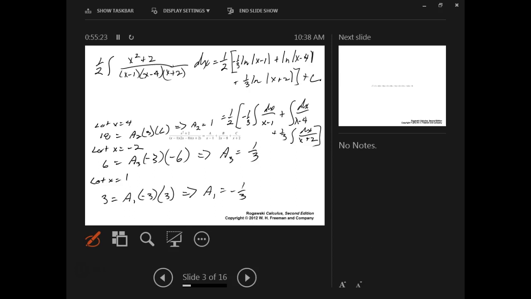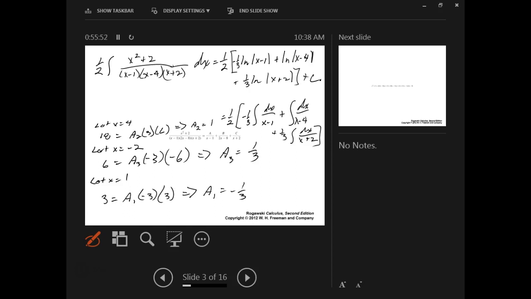If you look at their answers then, they get a minus 1/6 log of x minus 1. Bingo, right. Plus 1/2 of log of 2x minus 8.